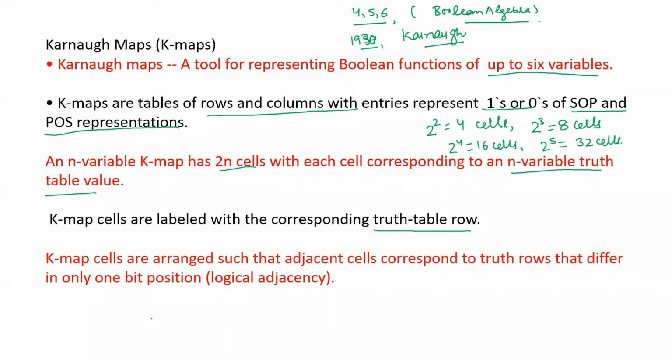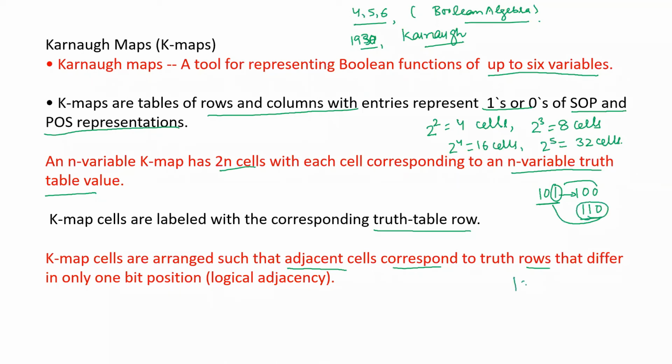Now, how are we actually going to number them? A K-map is numbered such that adjacent cells, corresponding to rows or columns, differ by only one bit position. Suppose you have 101, then the next number is going to be 100 or 111, because from one to the other only one bit changes, while two bits change in the other case.